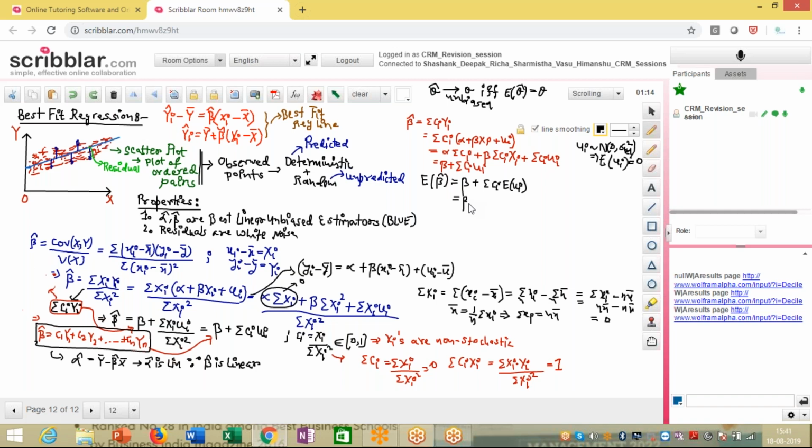So expected value of beta hat is equal to beta. So this again clearly shows that yes, beta hat is an unbiased estimator for beta.